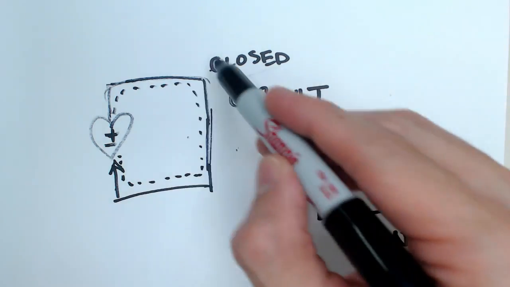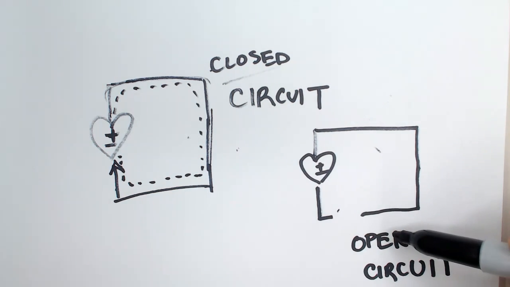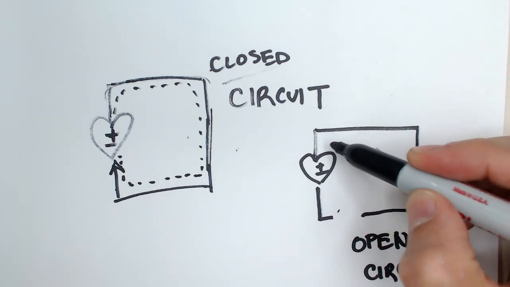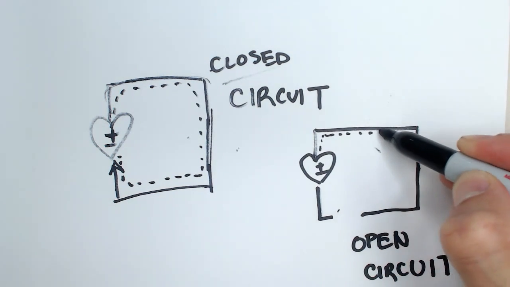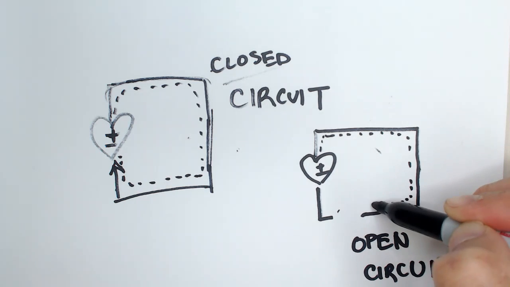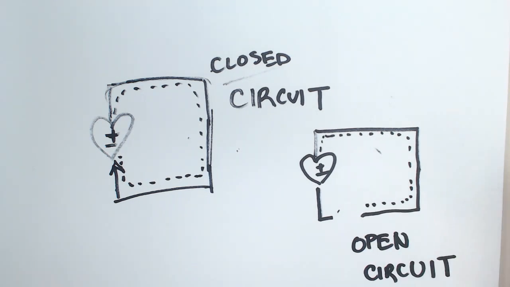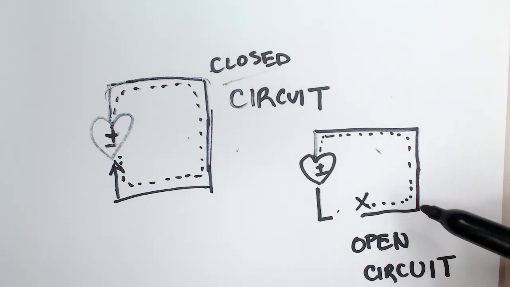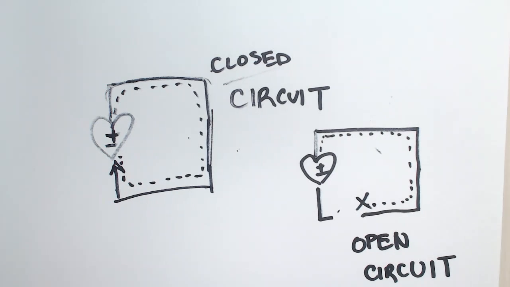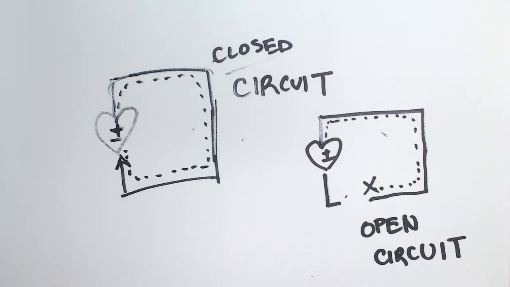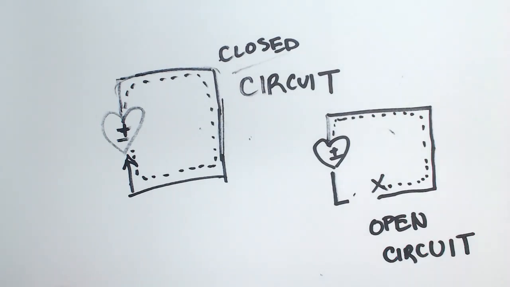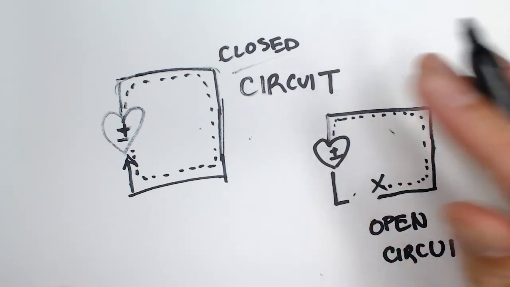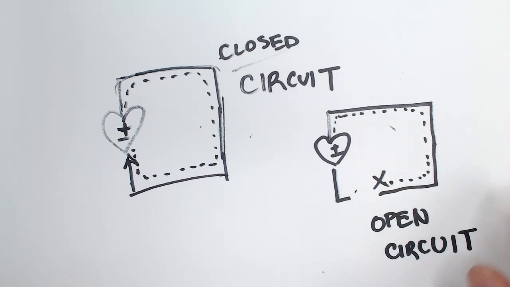So electricity will then flow through. Now, the open circuit, electricity is going to try to come out like this, but it can't get through because there's this opening here. So because of that, there's actually going to be no flow. All right? So today I want you to remember, closed circuit, electricity flows. Open circuit, no flow. All right?